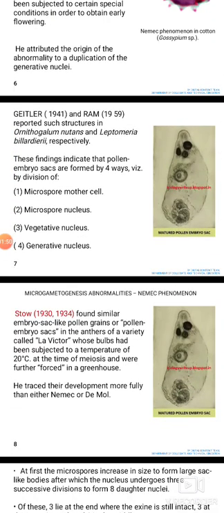Stowe found similar embryo sac-like pollen grains or pollen embryo sacs in the anthers of a variety called La Victor, whose bulbs had been subjected to a temperature of 20 degrees centigrade at the time of meiosis and were further forced in a greenhouse.